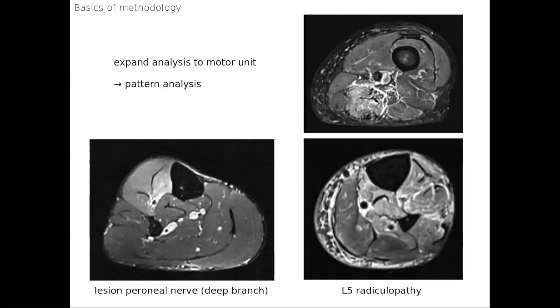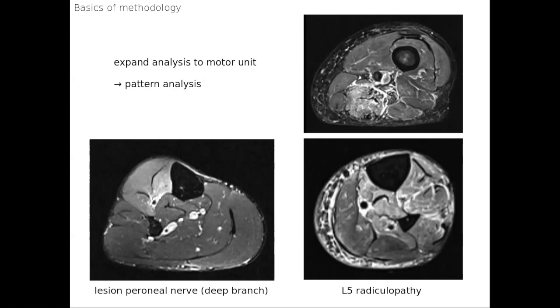What's quite helpful in the assessment is also that you don't restrict the analysis to the peripheral nerve, but you expand it also to the whole motor unit, so that you can do kind of a pattern analysis of the secondary changes that might happen in the muscles or in the motor unit.